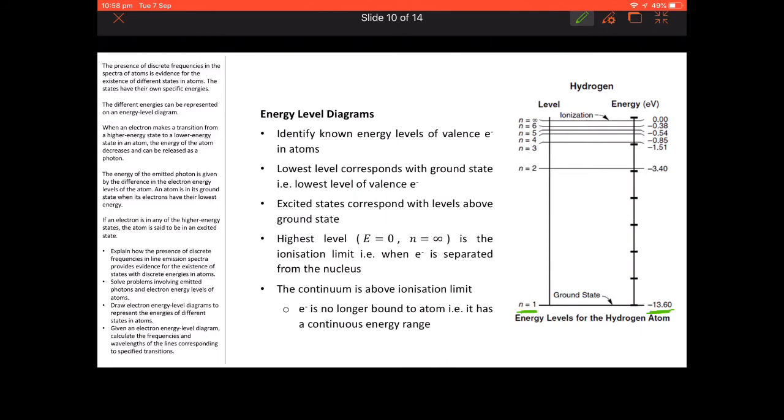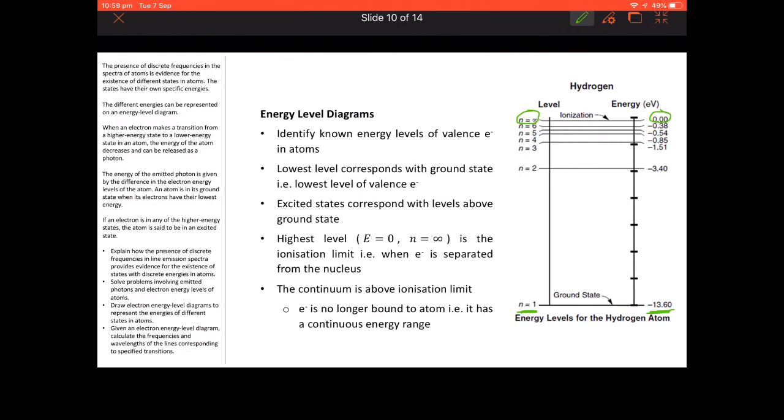Excited states for electrons correspond with levels above the ground state. So if an electron leaves the ground state and moves up to n=2, n=3, n=4, etc., then that would mean that the hydrogen atom is excited. The highest level, so when the energy is equal to 0 and when n is equal to infinity, is the ionization limit, so when the electron is actually separated from the nucleus.